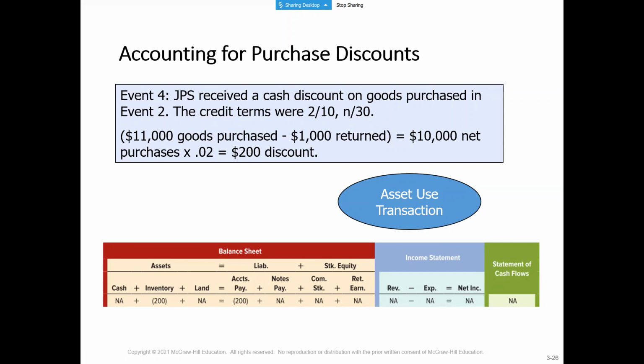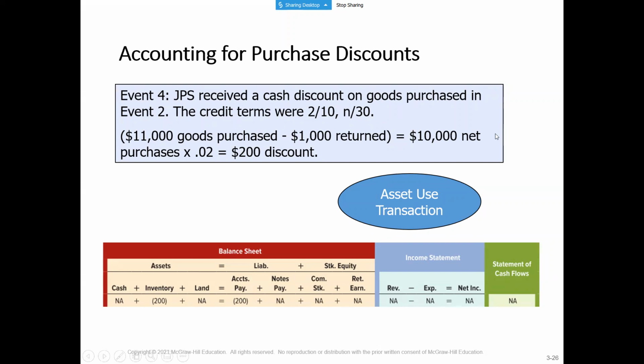You could decide, JPS could decide, you know what, we're going to take that 2% discount. Maybe we don't have the cash right now. We'll take the discount on half of the goods, and then the other half, we will forego the discount. It does happen. So again, it's not all or nothing.